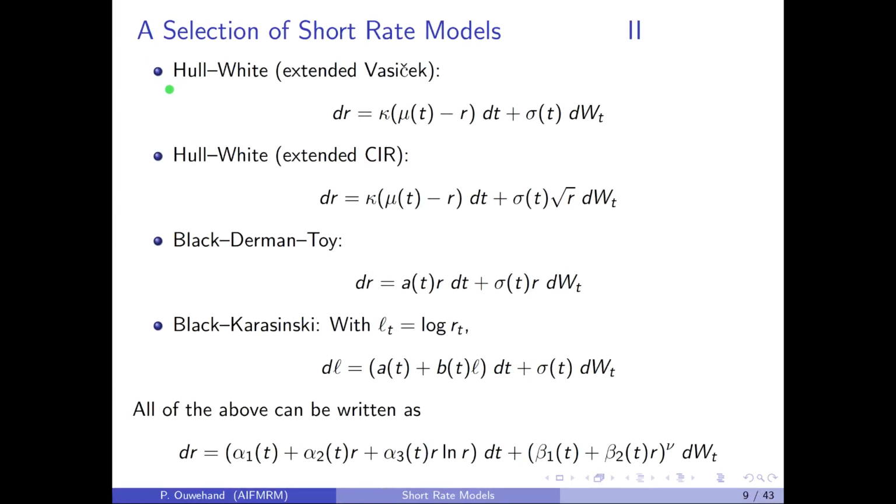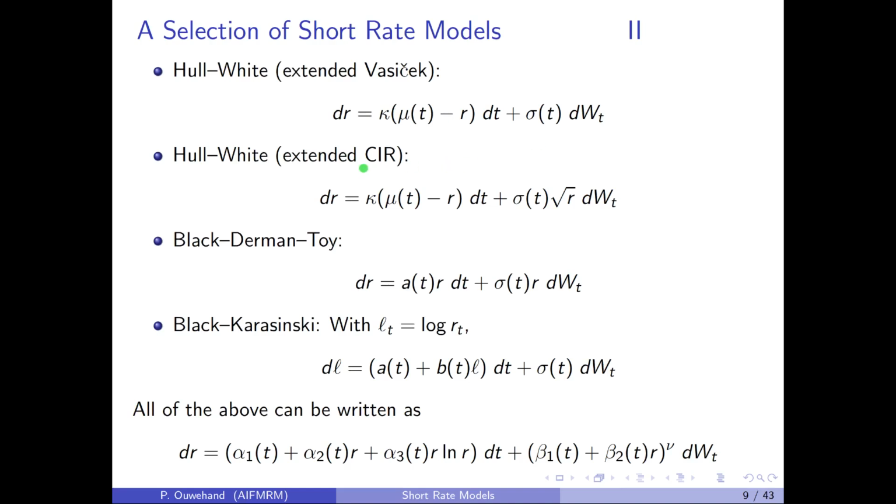Now we can repeat the trick of replacing a parameter by a function and obtain the Hull-White versions that extend the Vasicek model, where the mean reversion rate becomes time-dependent as well as possibly the volatility.